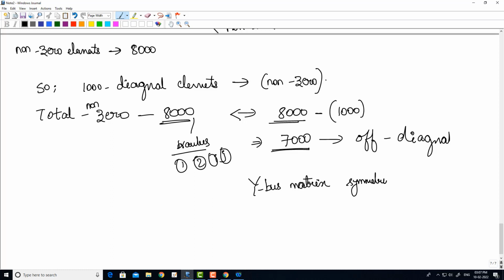Symmetric matrix means the off diagonal elements above and below the diagonal are the same.